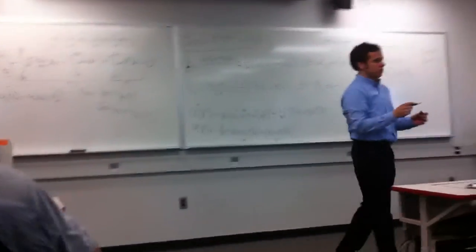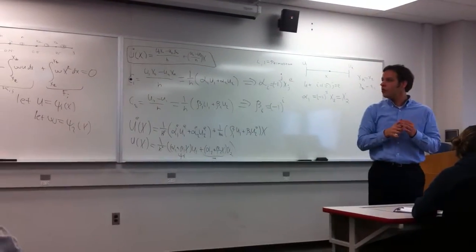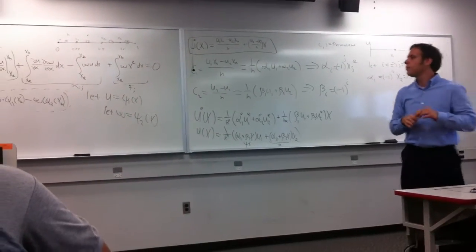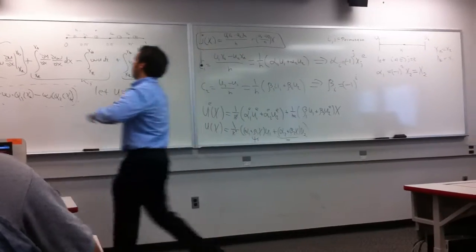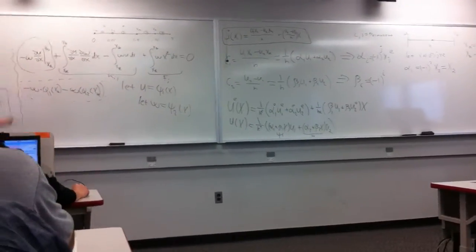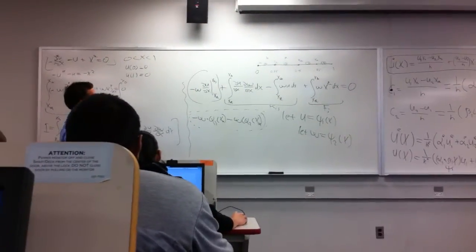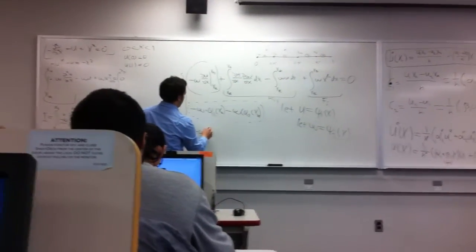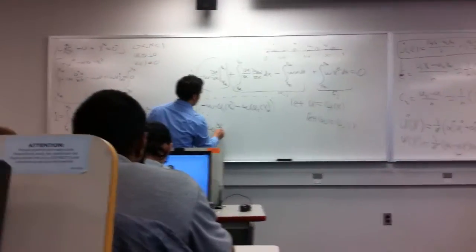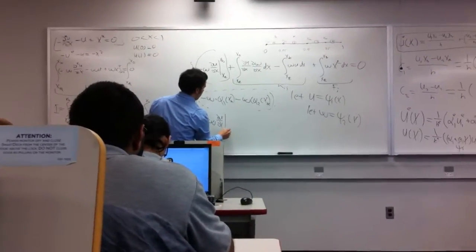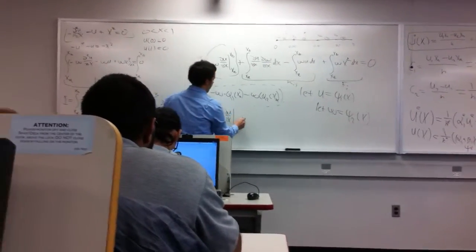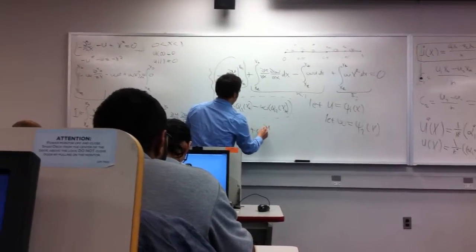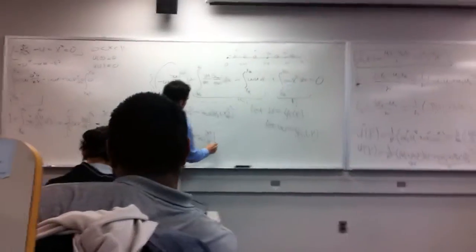Okay. How did you get the minus W Q1 at XB minus W Q2 at XA? Oh, that's a good question. So this term, if you write it out, becomes minus w du dx evaluated at xb plus w du dx evaluated at xa.